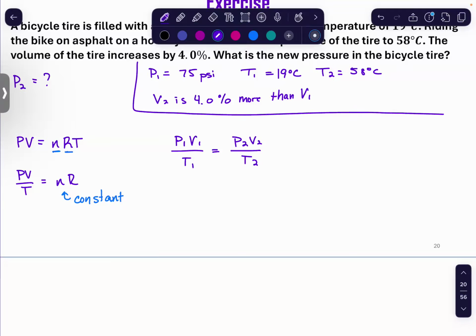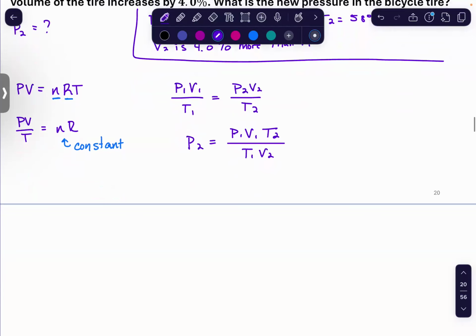And so then I can solve for P2. That's going to be P1 V1 T2 over T1 V2. And now I just need numbers to plug in here.